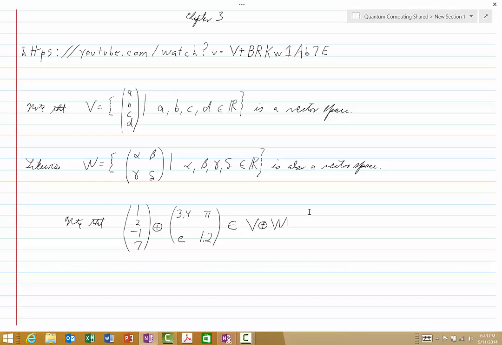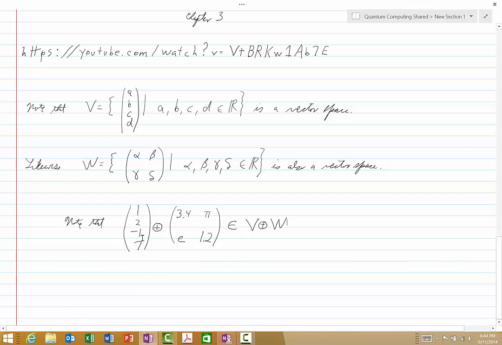And so even though both of them might be the zero ket, you might pick the zero ket from space V and the zero ket from space W. Those are not really the same zero ket, because one refers to electron 1 being in the zero state, and the other would refer to electron 2 being in the zero state. And so there's no way you could add them together to get just one ket. You would get a direct sum type of a ket. So it would be a situation similar to this.